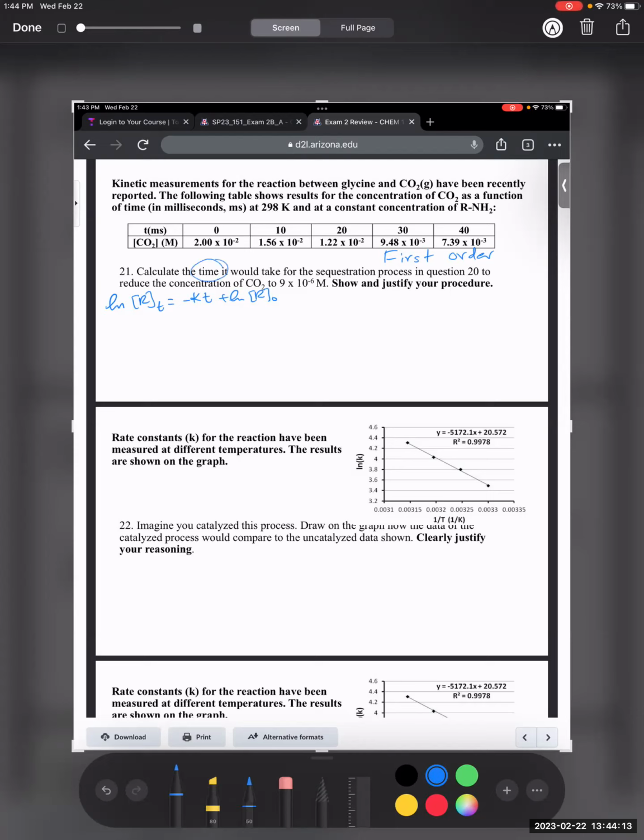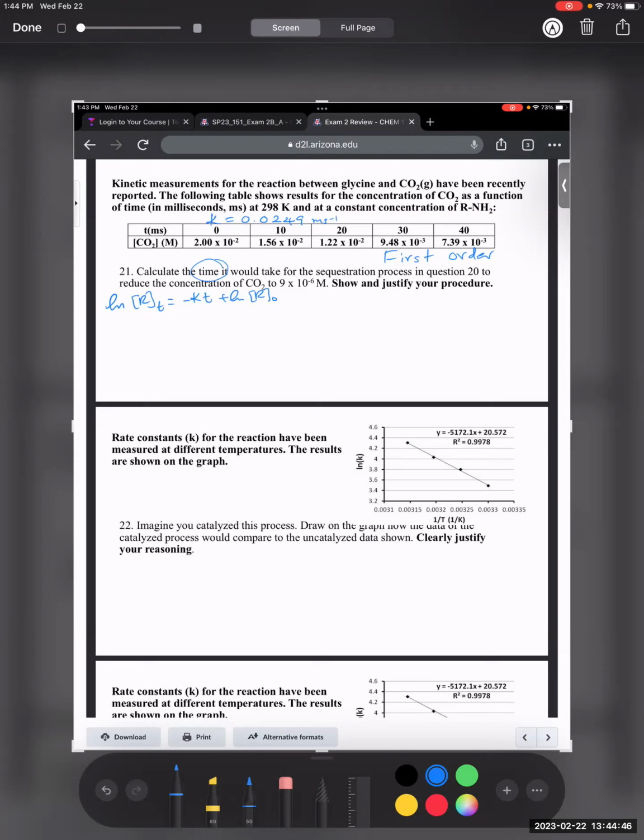We are given the initial concentration, which is 2 times 10 to the power of -2, and the final concentration, which is 9 times 10 to the power of -6 molar. And we know k from the previous one. I should have written it down somewhere, but the rate constant from the previous one was 0.0249 per millisecond. So we have that as well.